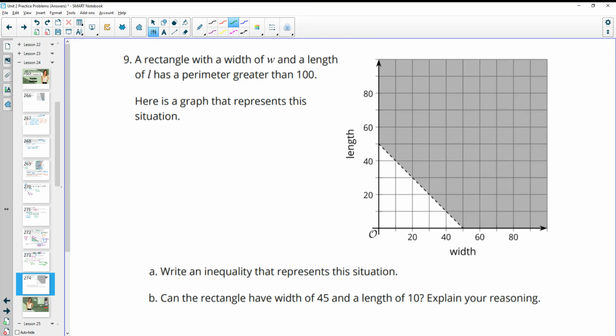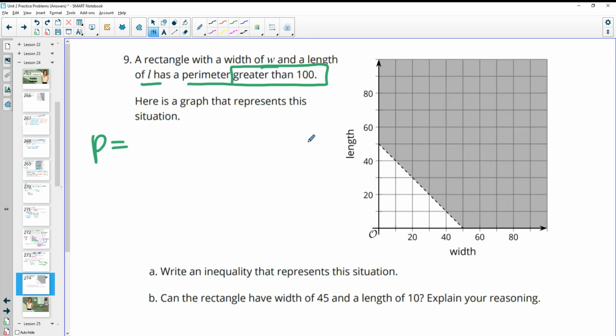All right, then last one, number 9, a rectangle has a width of W and a length of L. The perimeter is greater than 100. Here's a graph for this situation. Write an inequality that represents this situation. Now, for this one, you want to remember that perimeter has a formula.